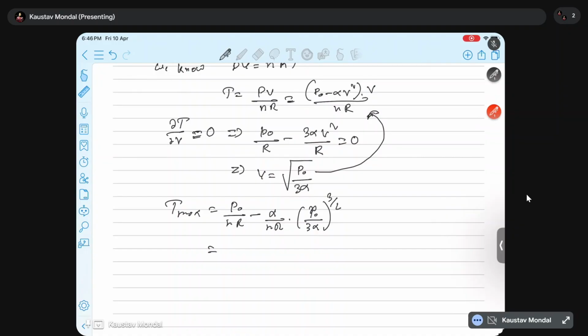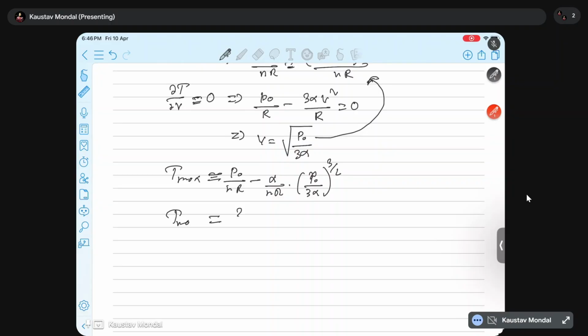So alpha will be cancelled. P naught will also cancel. If you simplify this expression, it will become 2 by 3 into P naught by 3 alpha. And this will be the correct expression.